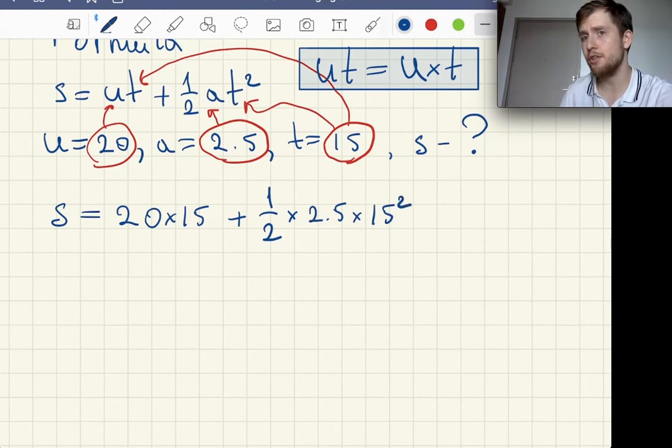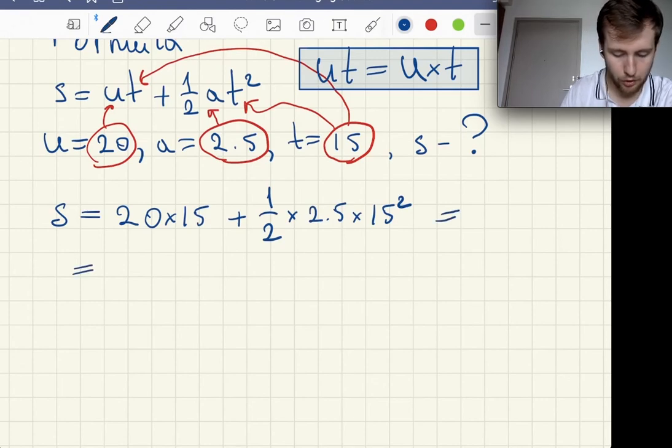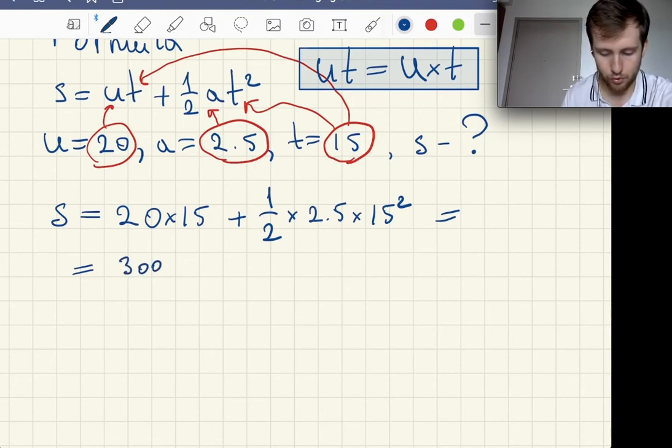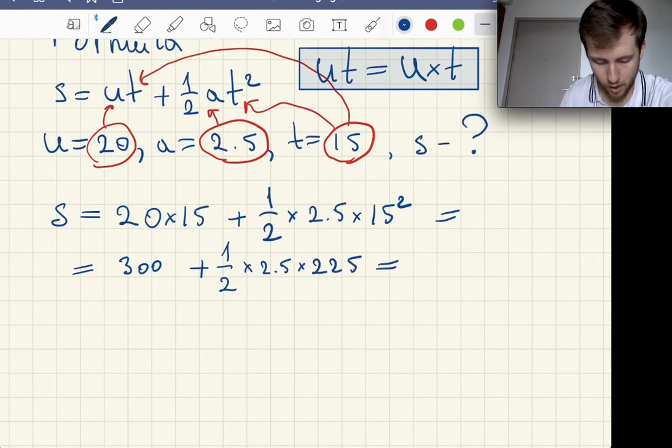Now, you can just use the calculator for this, or we can do it even without a calculator. So 20 times 15 is 300, and then 1/2 times 2.5 times 15 squared. 15 squared is 225. So 1/2 times 2.5 times 225. Probably you should use a calculator for that.